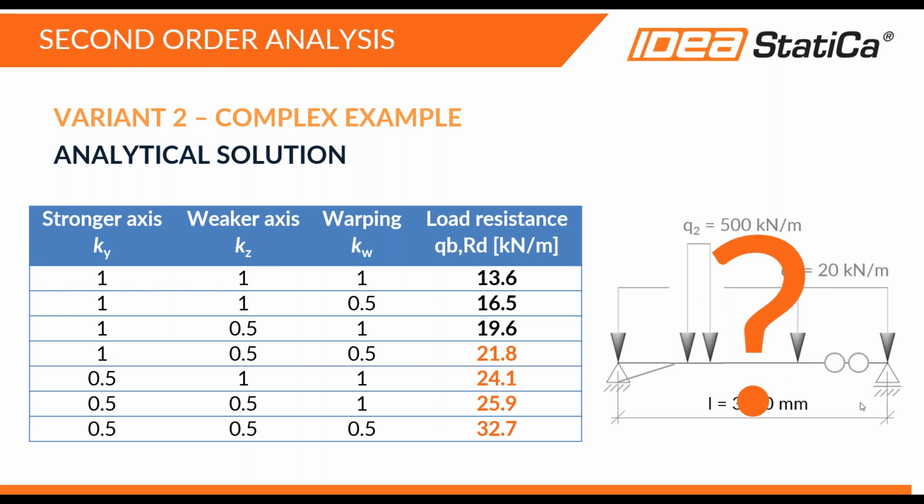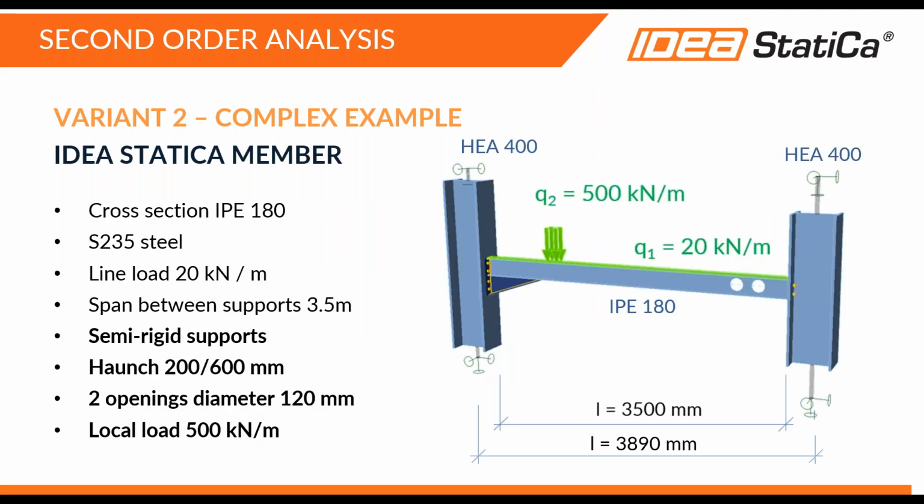I didn't know how to treat these openings in the beams. There's no word about this. I didn't know how to take care of the local load, which is eccentric to the center of the beam, right? So those are factors that stopped me from being 100% sure when calculating and determining the code check.